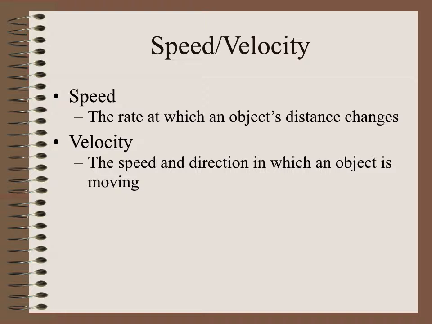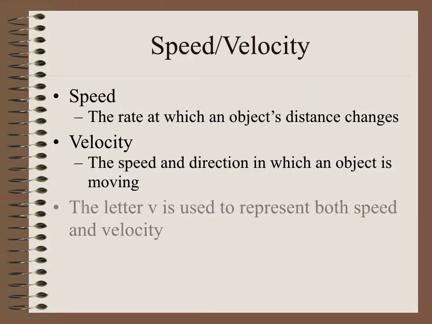For our purposes, we're going to be concentrating on speed rather than velocity for simplicity of our calculations. Since speed and velocity are going to be calculated in very similar ways, the letter v is used to represent both speed and velocity in our equations. So v will be speed.